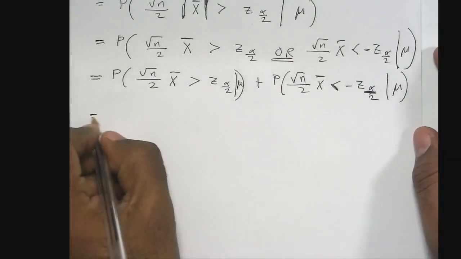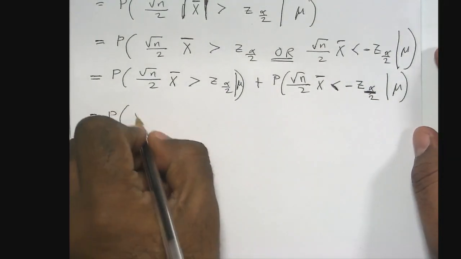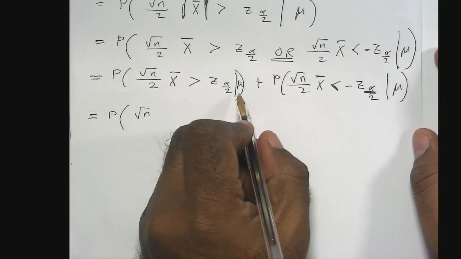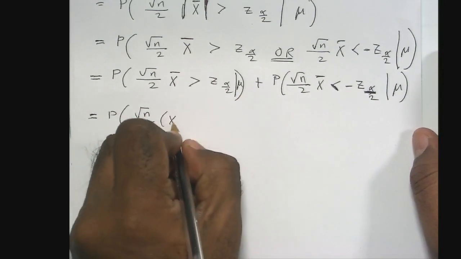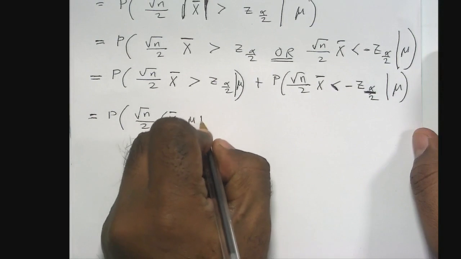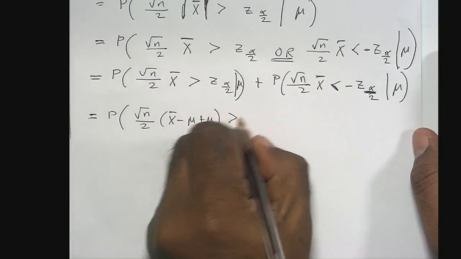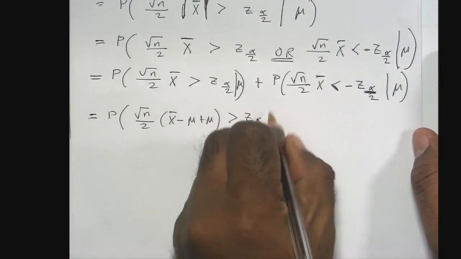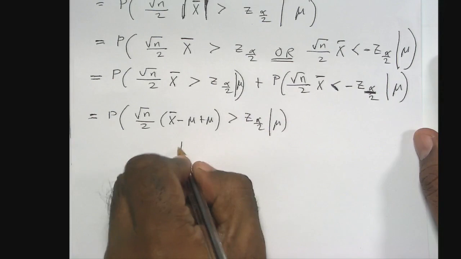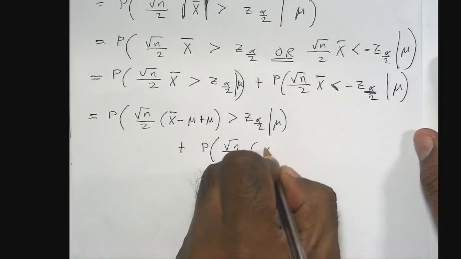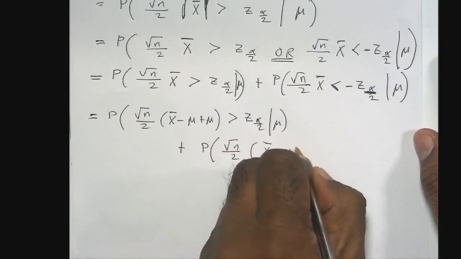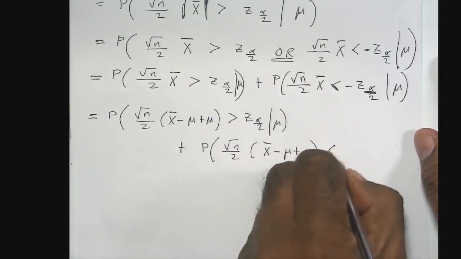The next thing to do, guys, is, because the true population mean is mu. Do you guys understand why I'm doing this?